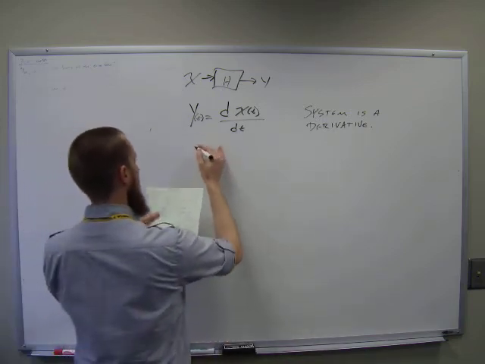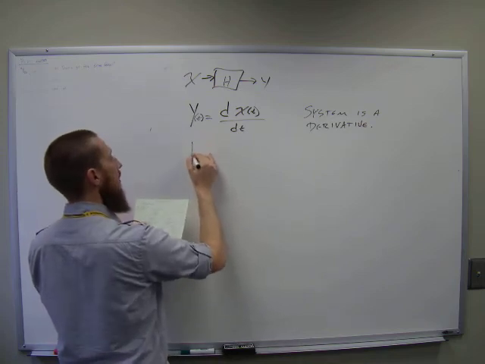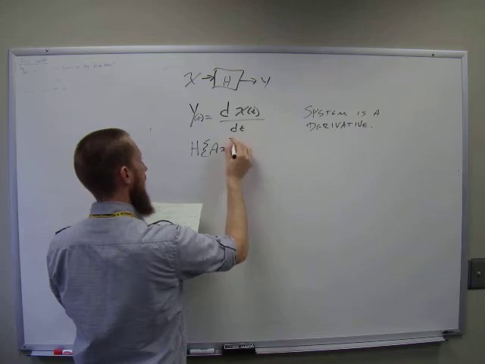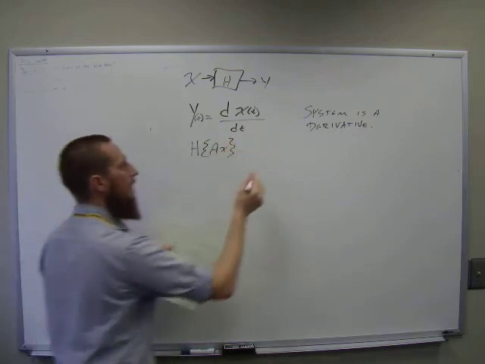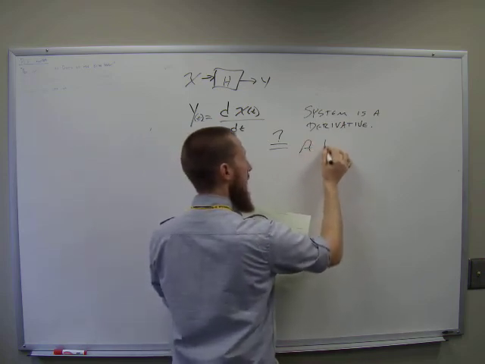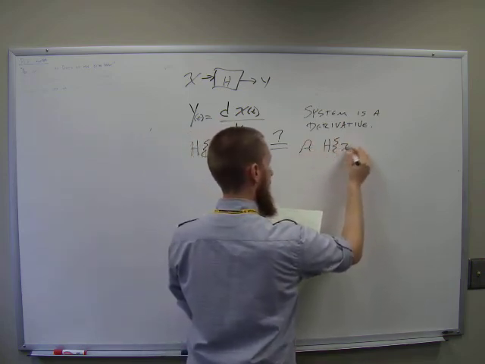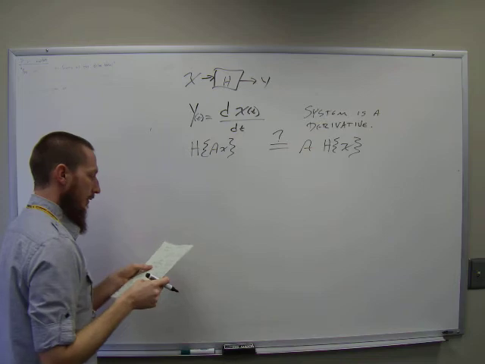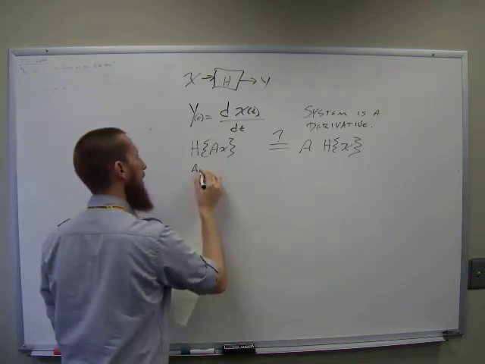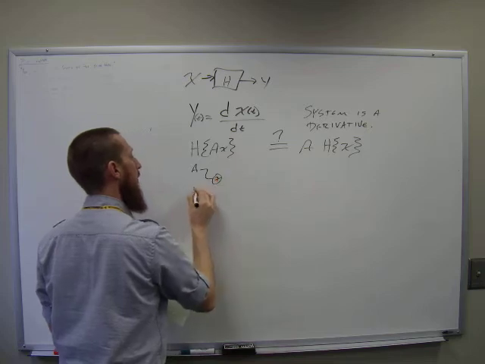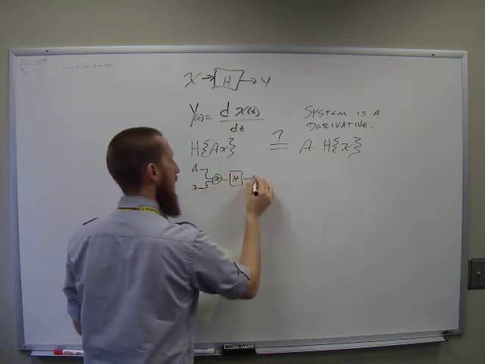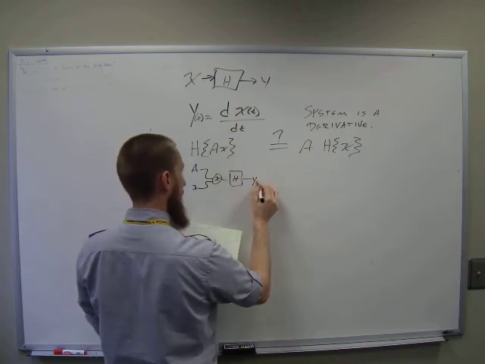Alright, first thing that we're going to do is say h of a times x, is this equal to a h of x? Let's draw out some flow diagrams for these. So we have a multiplied by x. This is being applied to h, and the output we're calling y sys.